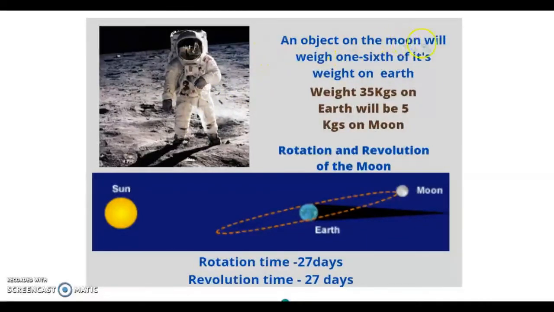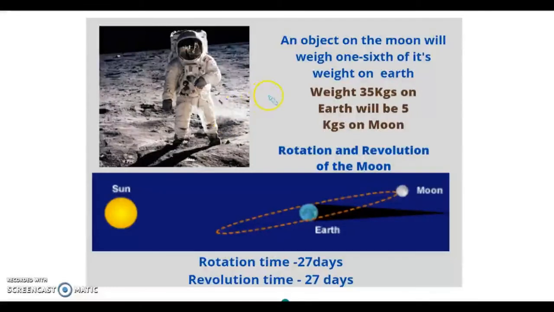An object on the moon will weigh 1/6 of its weight on earth. For example, take an object whose weight is 35 kilograms on the earth. What will be the same object's weight on the moon? Yes, the same 35 kg object on the earth will be only 5 kgs on the moon.